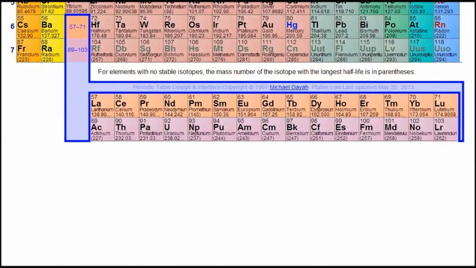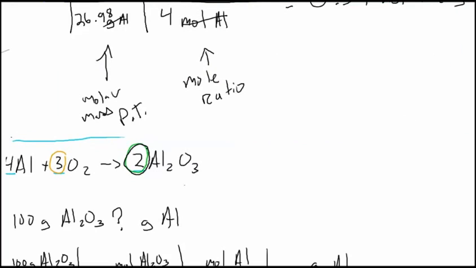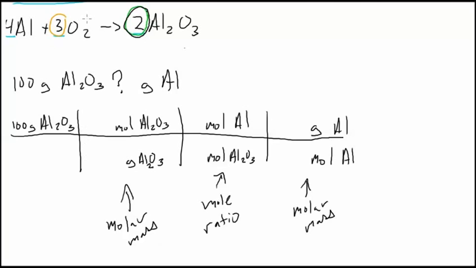We'll bring our problem back here. 101.96 grams per mole. The mole ratio for aluminum is 4, aluminum oxide is 2, so it's 4 to 2. And then grams of aluminum, we just have to get it off the periodic table.